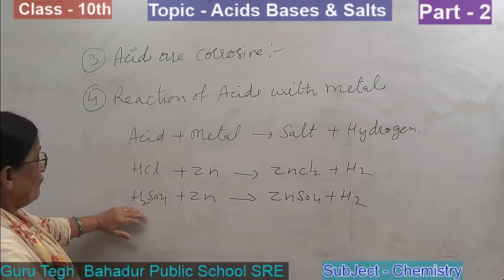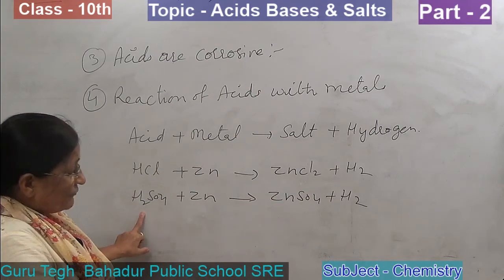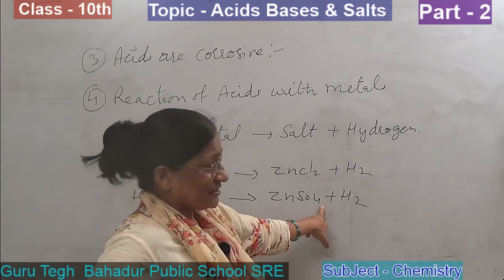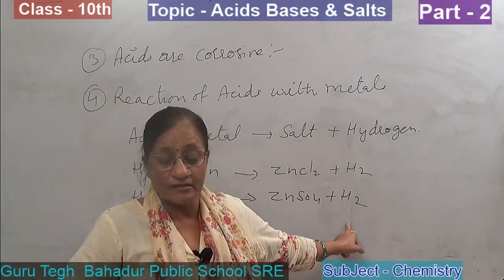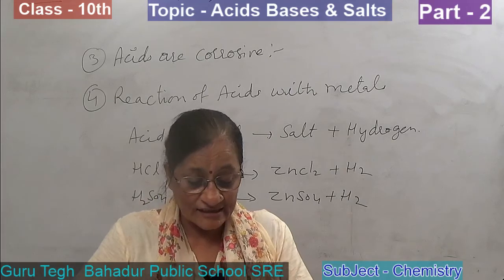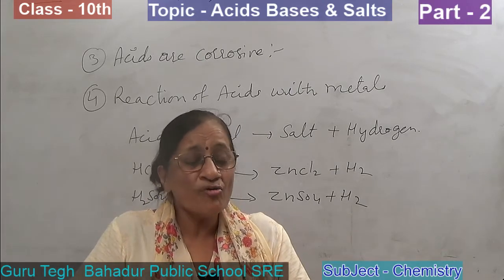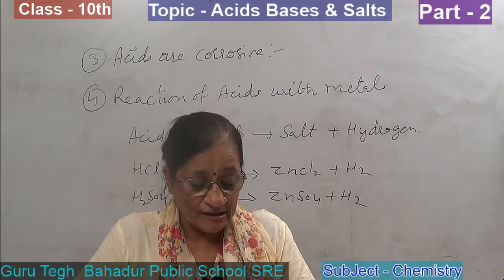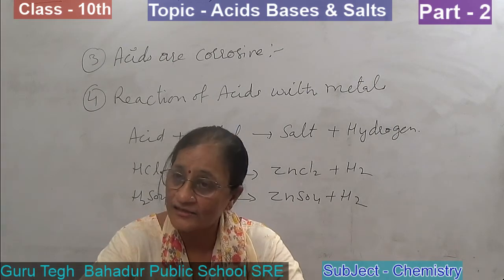In the same way, when sulfuric acid reacts with zinc, zinc sulfate is formed and hydrogen gas escapes. So how can we find out that the gas which is escaping is hydrogen?